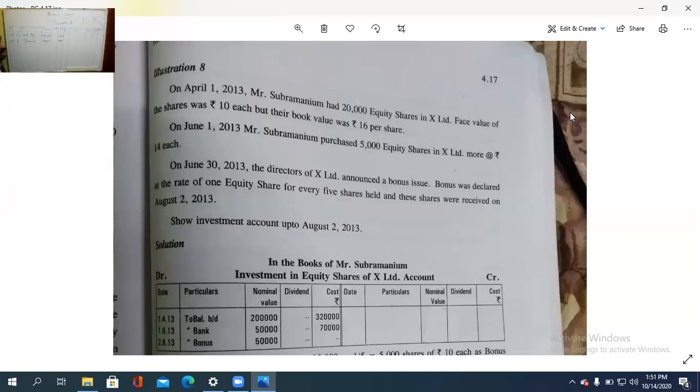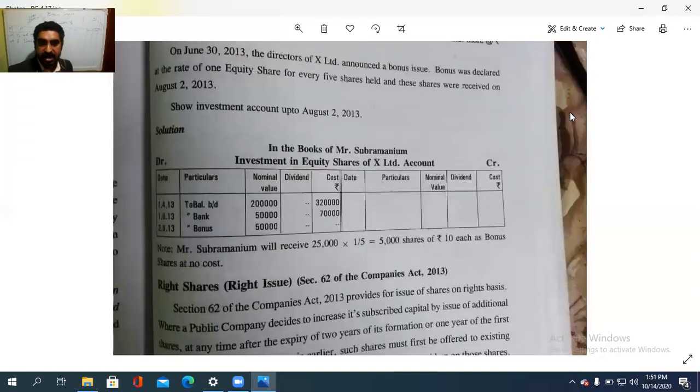So 25,000 1/5 എടുക്കണം. So it is how much? 5,000. Okay. That 5,000 at rupees 10 as bonus issue at no cost. അതായത് സെയിം ബോണസിന് to bonus issue, isn't it? Bonus issue എത്ര കിട്ടി? 5000 10 രൂപ വെച്ച് 50000 ഷെയർ.